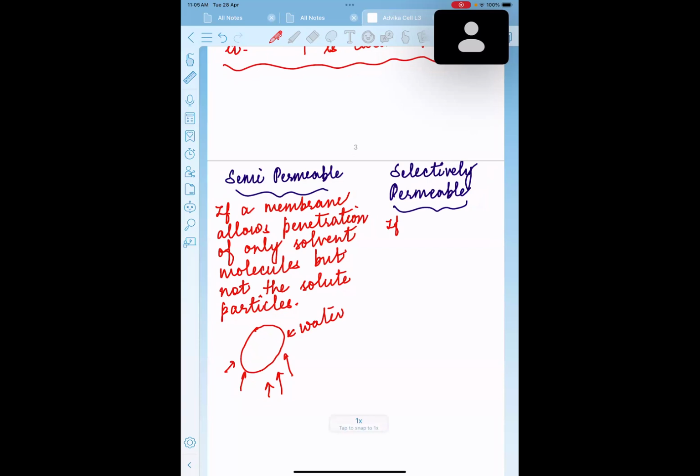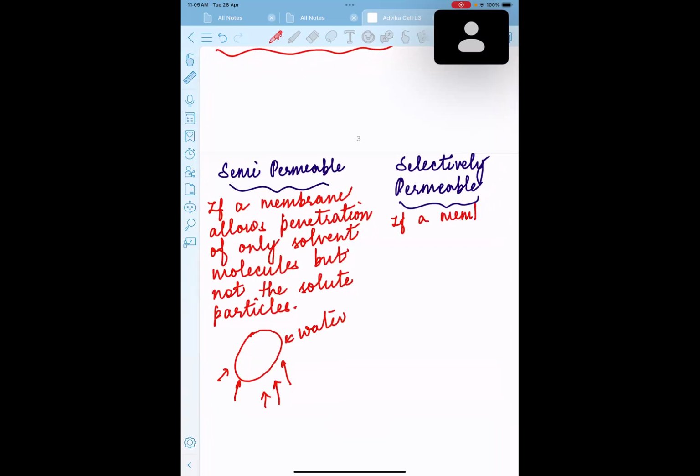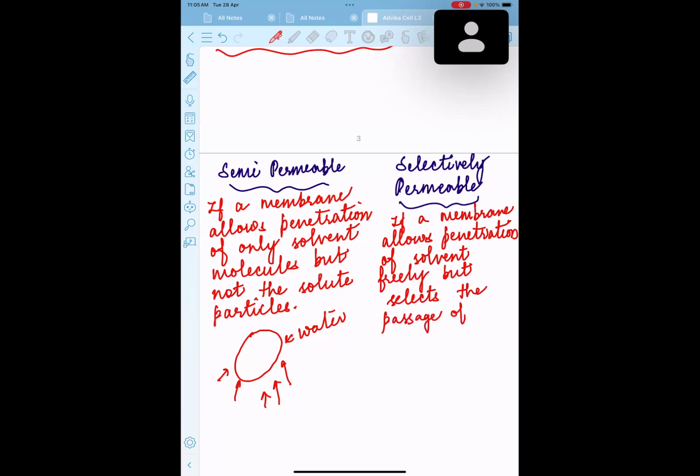Whereas a selectively permeable membrane allows penetration of the solvent freely, but selects the passage of a specific solute. The solvent will be allowed as usual, to go anywhere at any point of time.